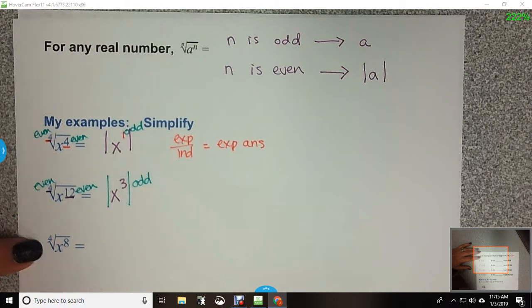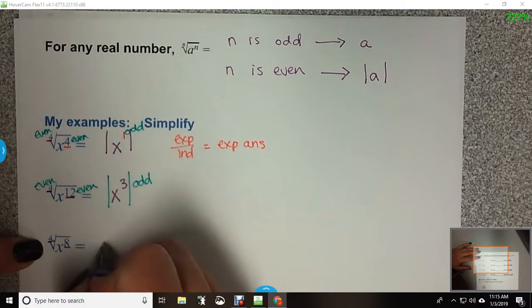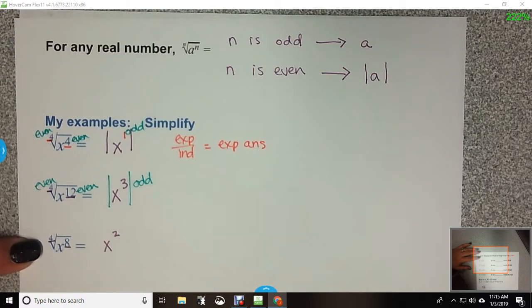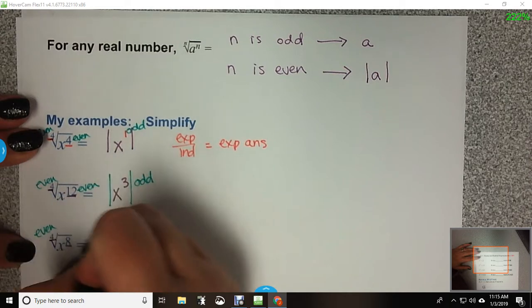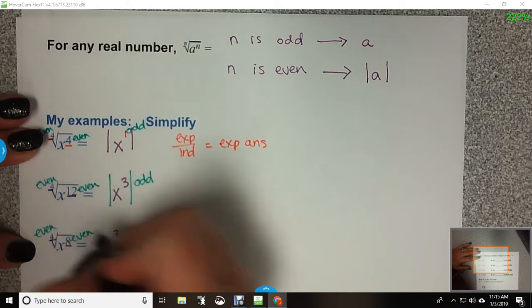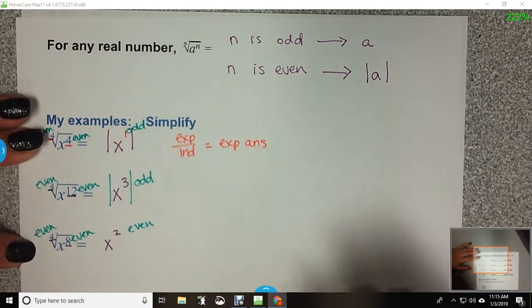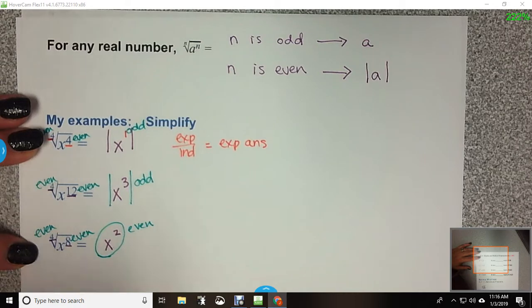For this one, I'm going to end up 8 divided by 4 with an x squared. So let's see if we need any absolute value here. This is an even index, an even exponent, and it ends up also being even. So no absolute value needed on that one.